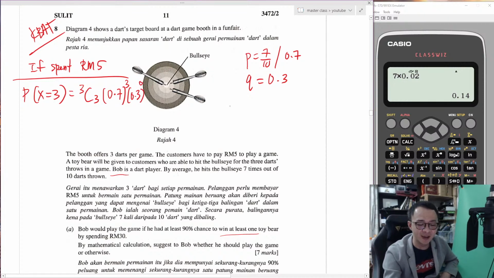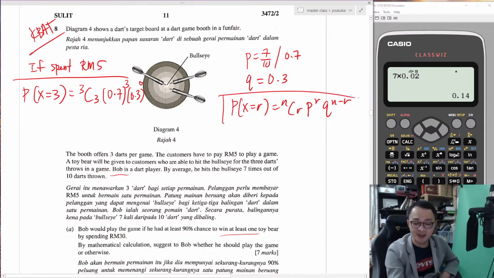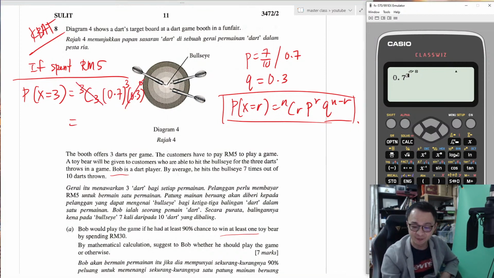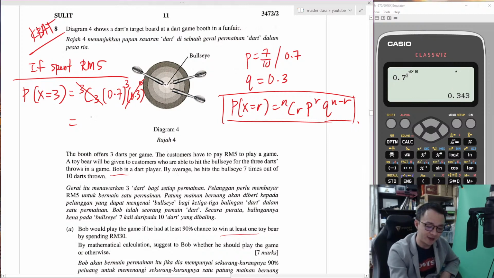I'm using the binomial formula, which is P(X = r) = nCr p^r q^(n-r). Just in case you lost, you can see back this formula. Then this is 1, this is 1, then I just need to type 0.3 to the power of 7. So it's 0.343. Not bad.